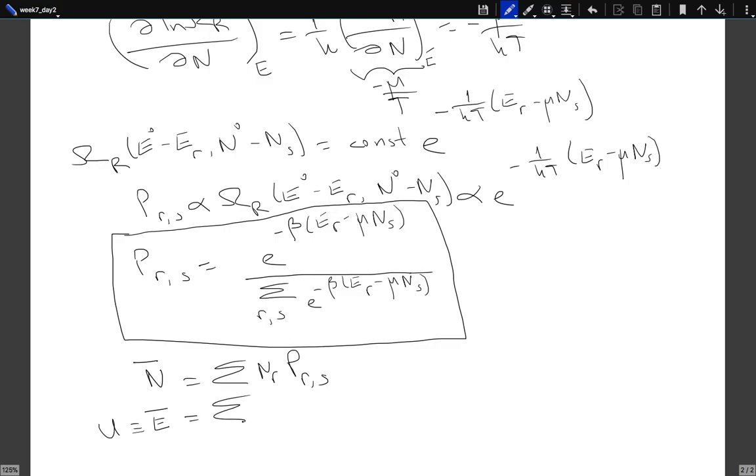This is the sum of ER times PRS. So these two equations determine beta and beta mu, or mu. So we choose them such that these equations are satisfied.